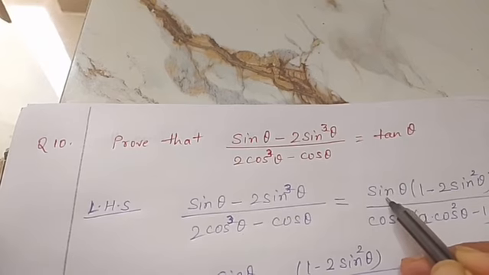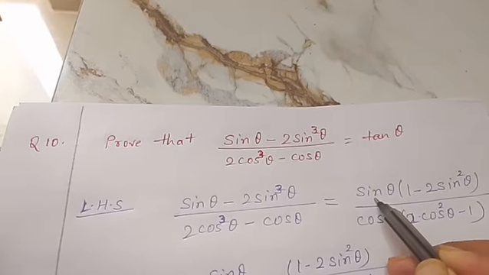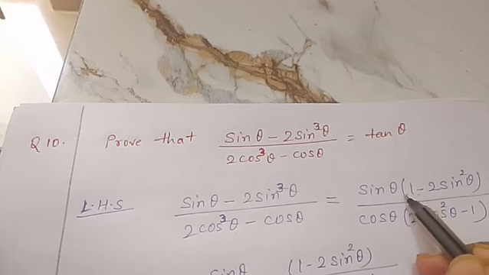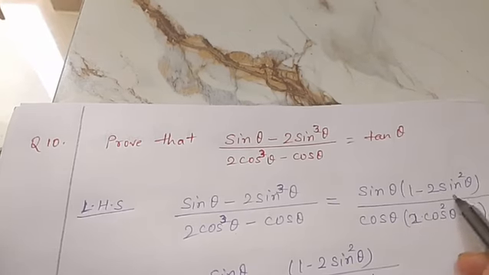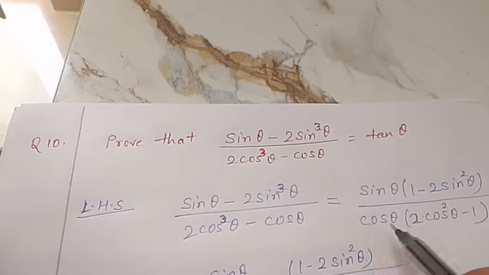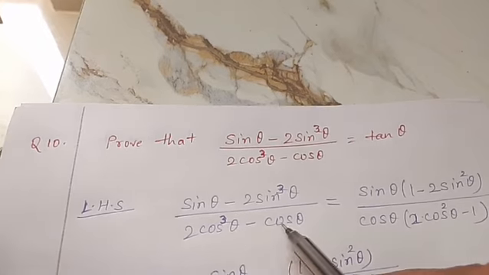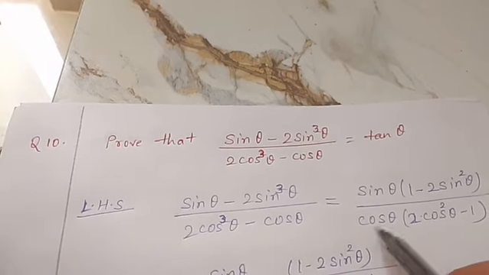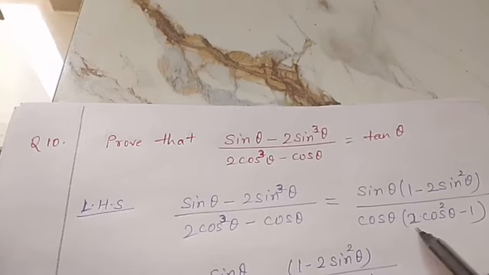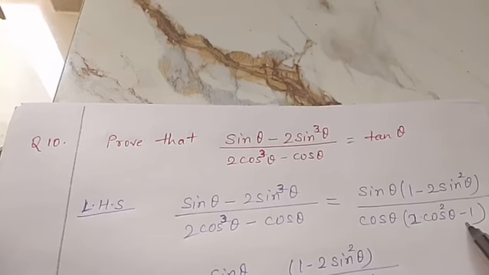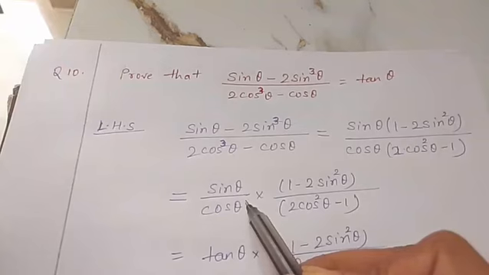Factor the numerator so that it is sin theta into (1 minus 2 sin square theta). Factor the denominator so that it is equal to cos theta into (2 cos square theta minus 1).